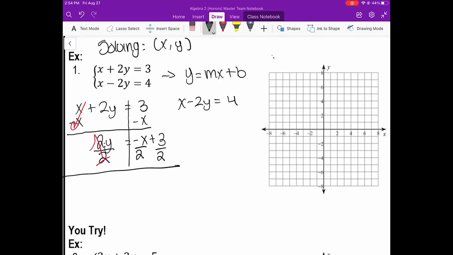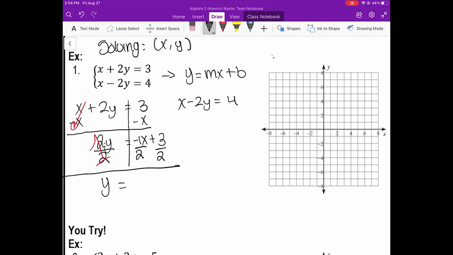So I'm left with y equals, now notice what's going to happen. I know there's no number in front of the x, but technically there's a 1. Now, if I divide that, I'm going to get negative 1 divided by 2, which is negative 0.5. I do not want a decimal as my slope because I want my slope in the form of rise over run.